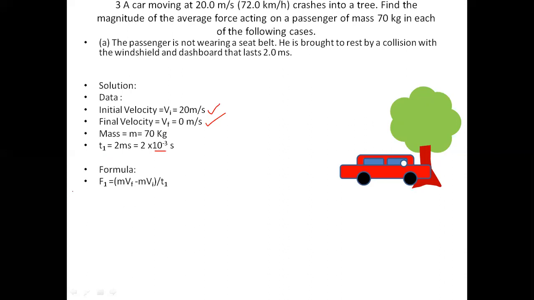Now the formula of force and momentum is given as F1 is equal to m Vf minus m Vi, that means the final momentum minus initial momentum, divided by time.